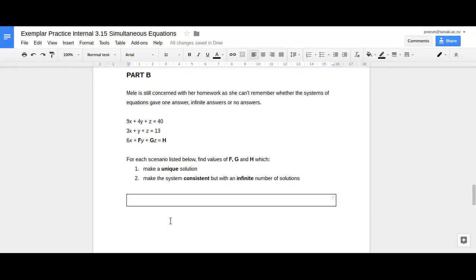So what I'm going to say is, because the first two equations form planes that intersect along a line.